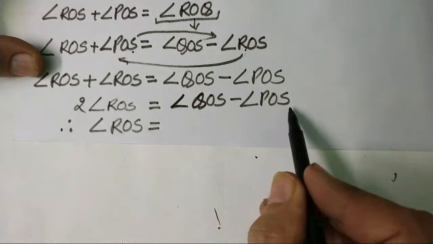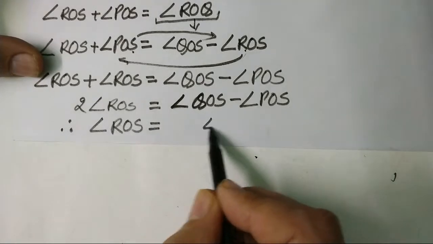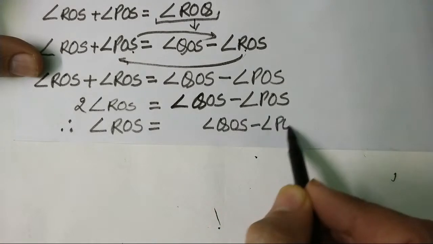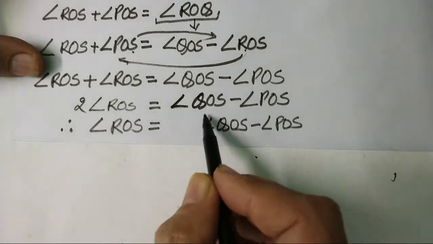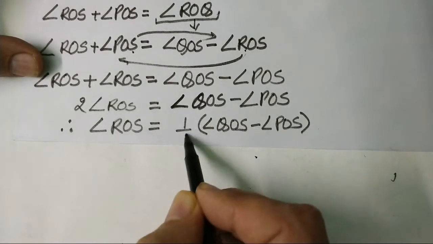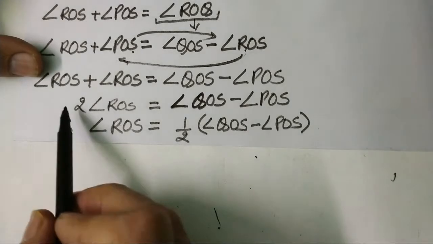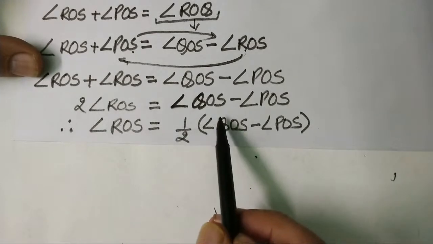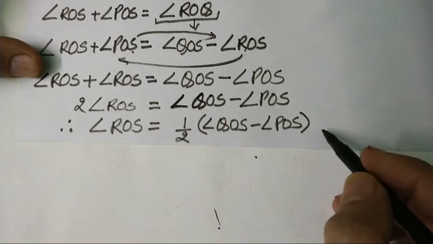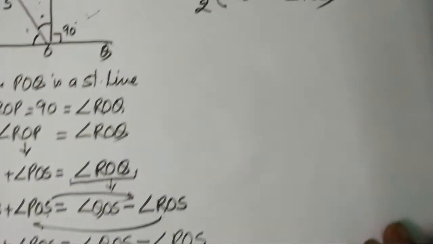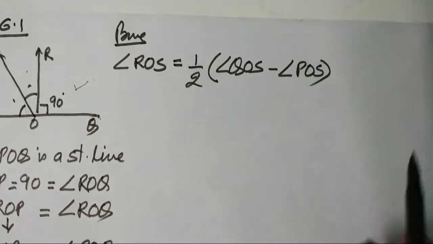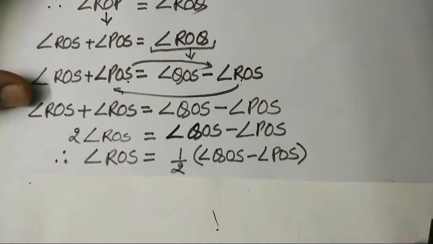So this whole thing will become angle QOS minus angle POS, and this whole thing will be divided by 2. Divided by 2 means half. So it will become half of angle QOS minus POS, which was the sentence we had to prove. So we have proved this sentence in the end.